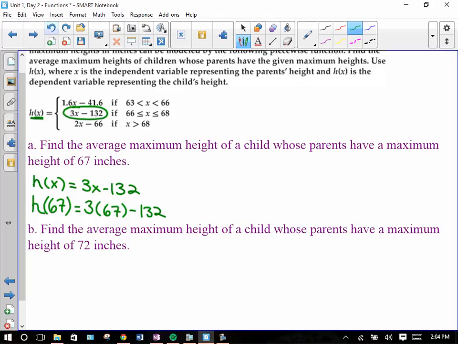I think calculator. All right. You got that? What was it? 69. 69 inches.